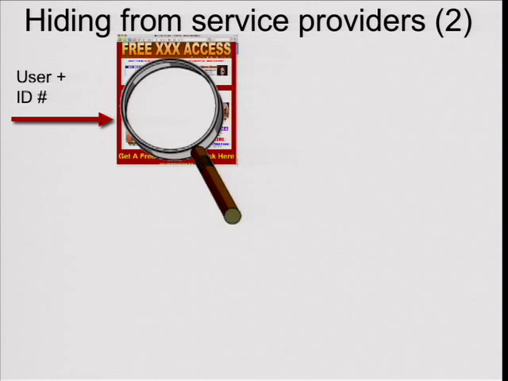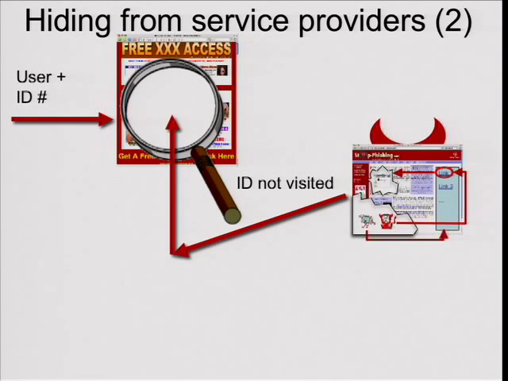Another way to hide this from the service providers would be to instead say, anybody who comes to this page here would be assigned a user ID or something like that. And then, if this ID has not been visited, then you would serve the page that corresponds to click fraud. Because a user who arrives there would be served a unique identifier.